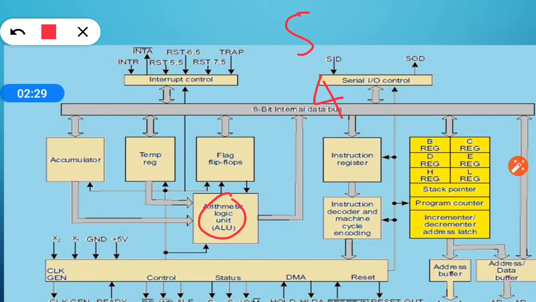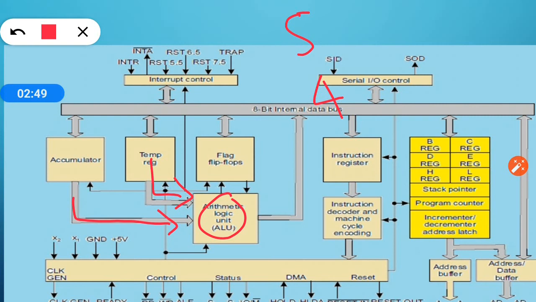Remember, there are two inputs for the arithmetic and logic unit. One input is the accumulator and another input is the temporary register. Whenever we are going to perform addition or any kind of operation, we require two numbers.